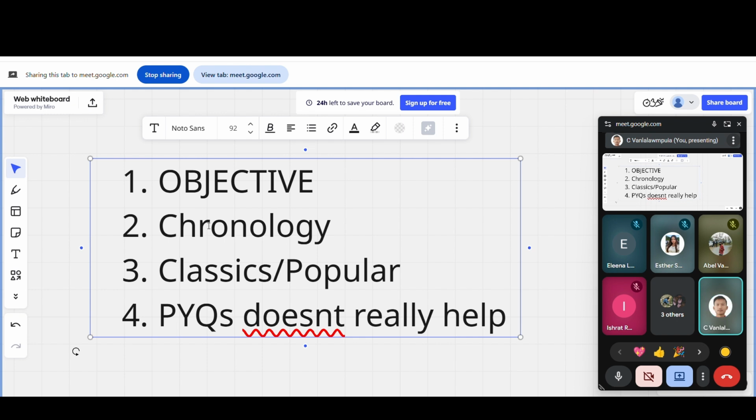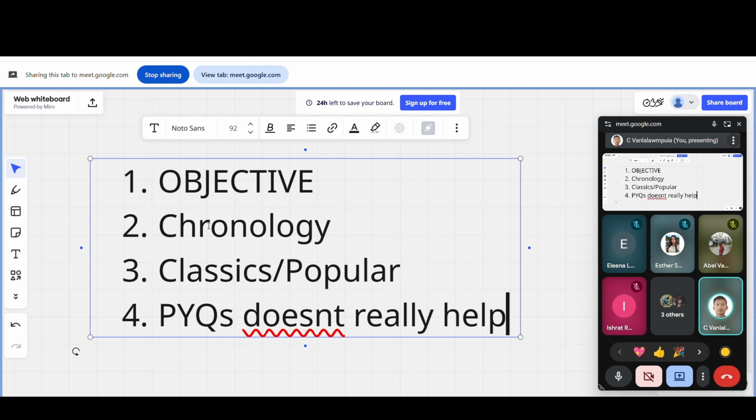So don't focus too much on these PYQs, because if you reread all those, there's a high chance they won't come again in the next cycle. You can read PYQs, but just to see what questions you can expect, only in that context.